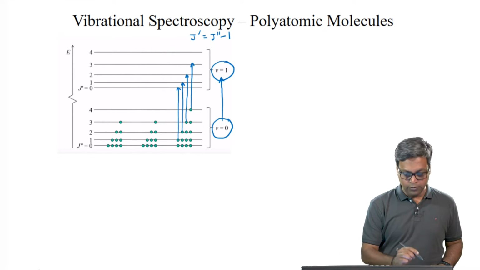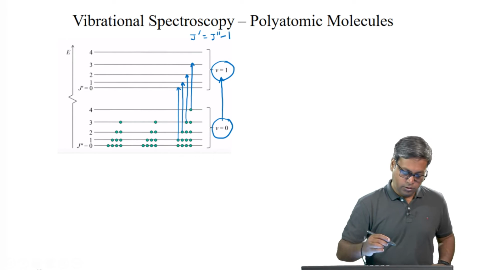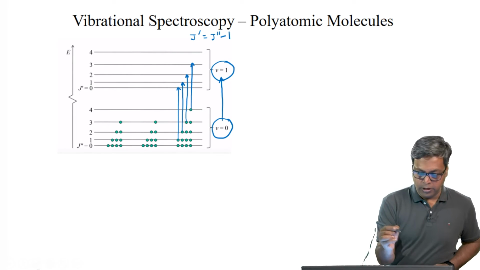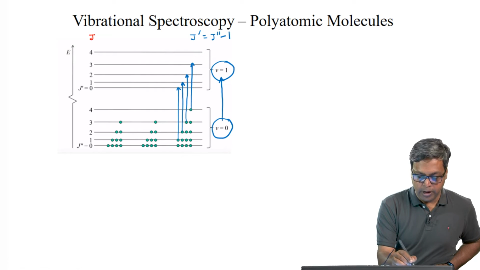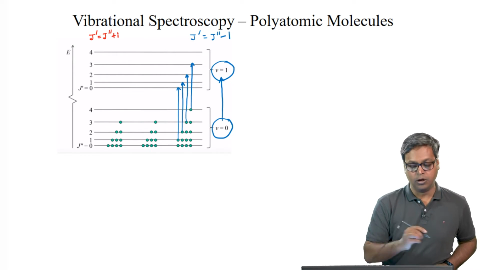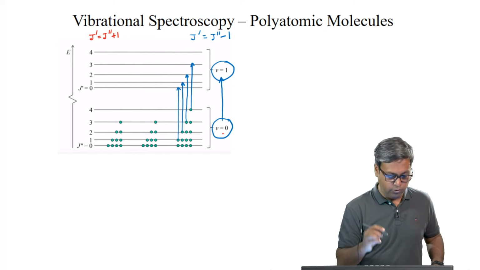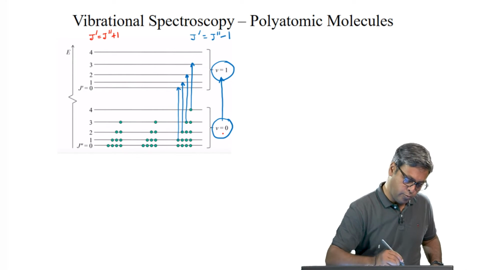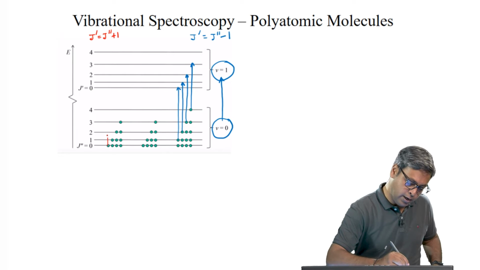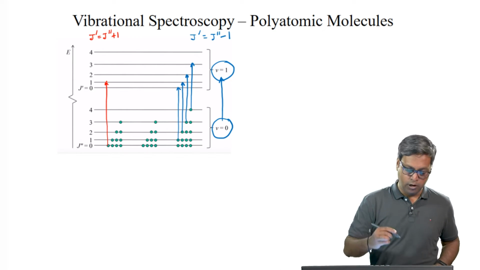Now, if we draw the R branch, for the R branch, J prime equals J double prime plus 1. So, if we start from V equals 0, J double prime equals 0, I will end at V equals 1, J prime equals 1.